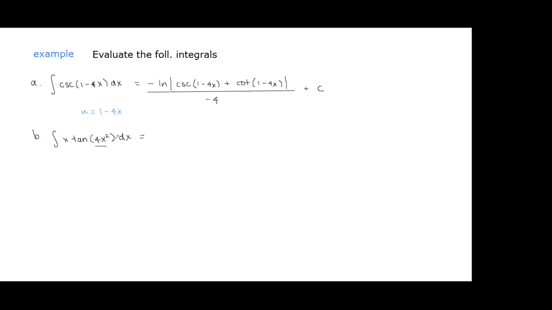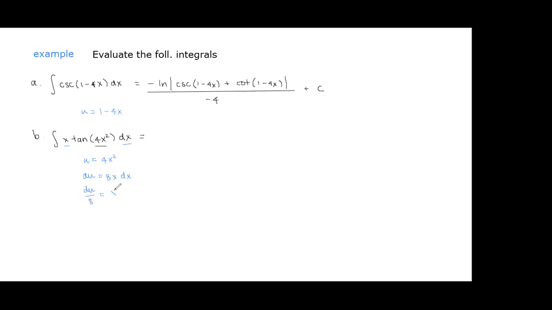So I'm going to start doing a substitution by using u is equal to 4x squared. In this case, that means that I would get du is equal to 8x dx, which means that if I wanted to replace just x dx, because I have x here and dx here, I'm going to replace that by du divided by 8.